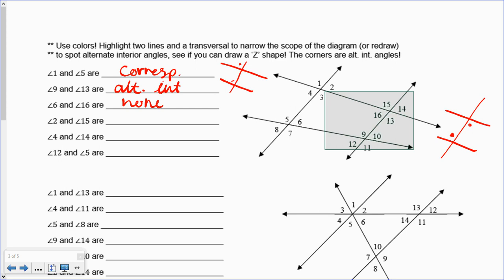You see how 6 is over here, uses these 2 lines? 16 is over here and uses these 2 lines. They have no relationship to each other. They don't even have a shared transversal. They have 2 separate transversals. Guys, it should be 2 lines, 1 transversal. That should be your picture. You don't have 2 different sides of the picture trying to work together.